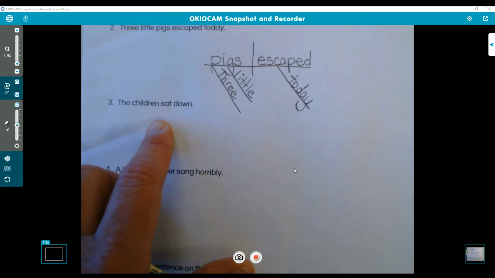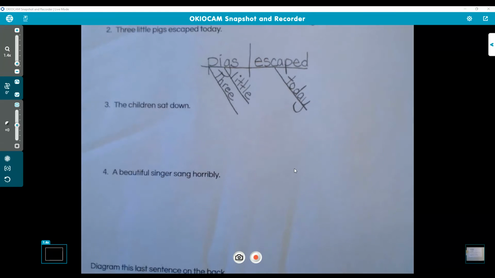Press pause, diagram sentence 3. All right, you've hopefully had a chance to diagram. If you haven't yet, press pause so you can diagram number 3 before we check it. All right, number 3.